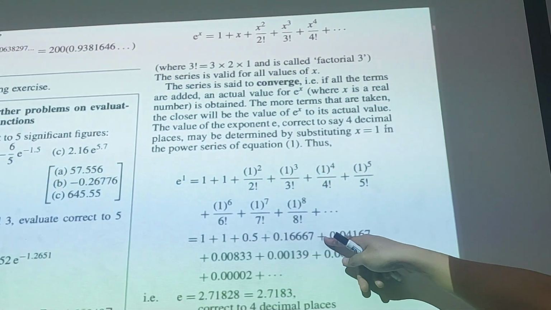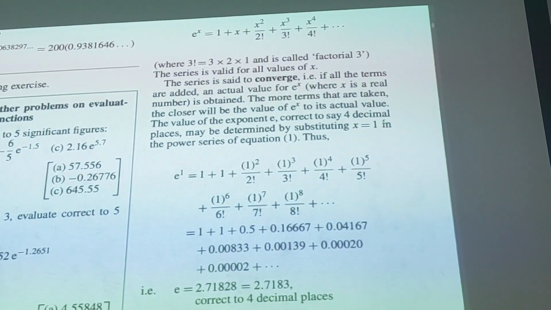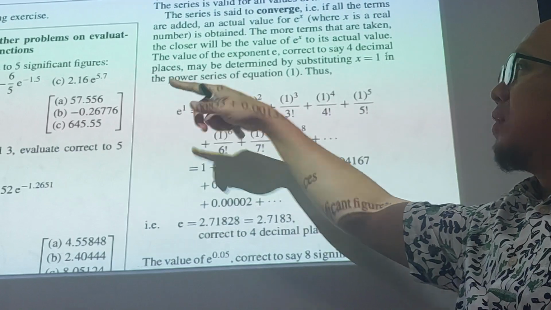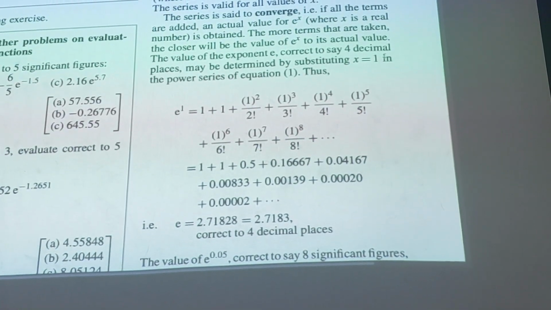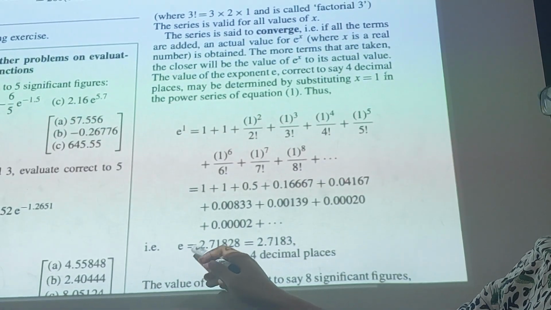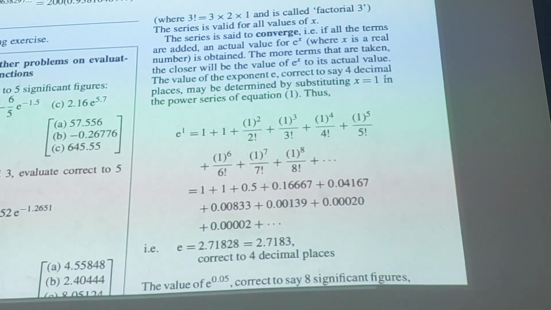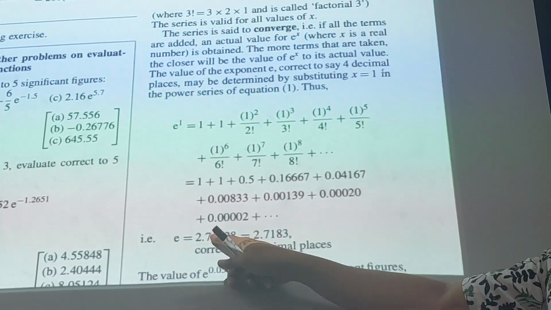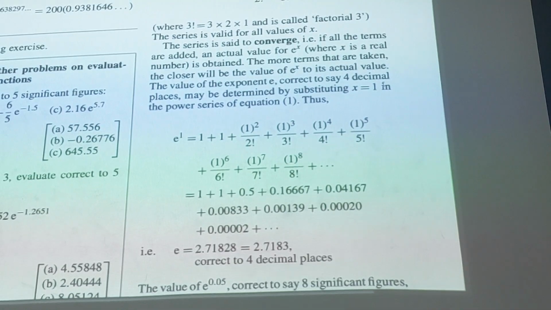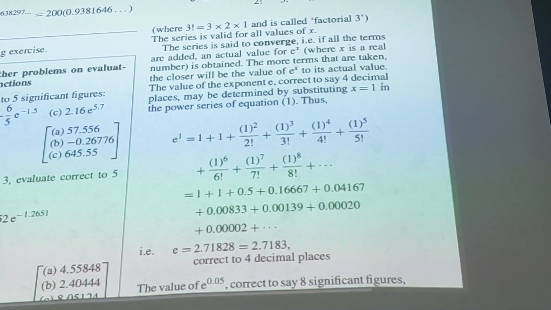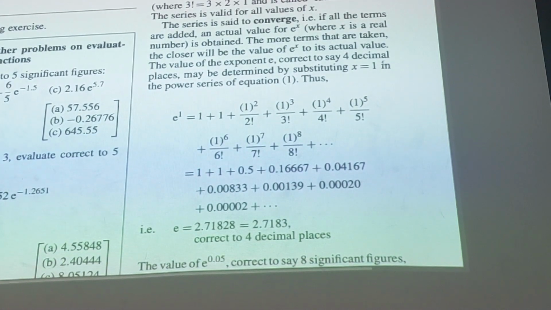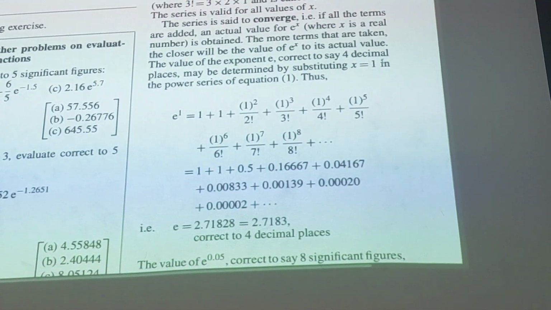You get a number, so for e to the power of 1 it will equal 2.71828, and this number is almost the same as the value if you check with your calculator.